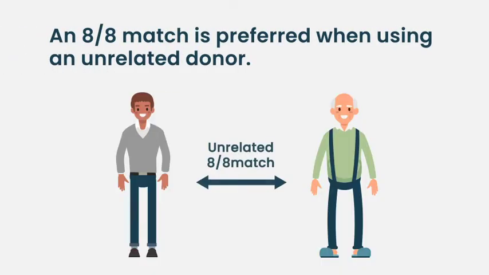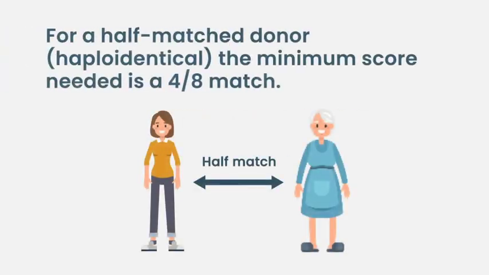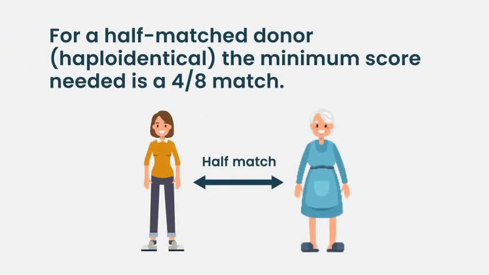When we look at unrelated donors, again, we look at these 8 points, and if you're matched on those 8 points, we say that they're almost as good as a sibling, because the modern way of HLA matching picks that out. When we look at half-matched donors, if you are a child of the patient, you would have inherited half of his genes, and this HLA region would also be the one that you got from the patient, your parent.